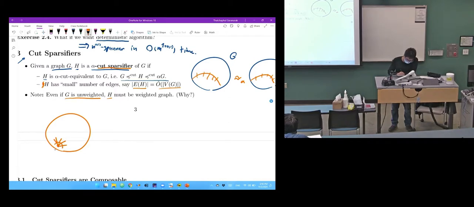The degree cut is already n. If H is unweighted and has a small number of edges, then the degree cut will not match already. So you must reweight somehow.